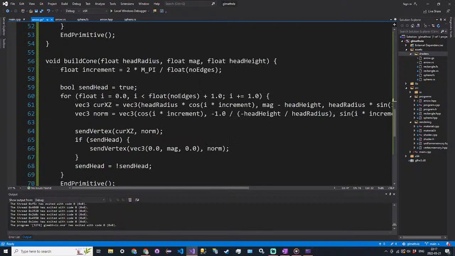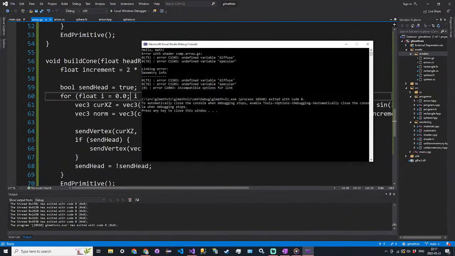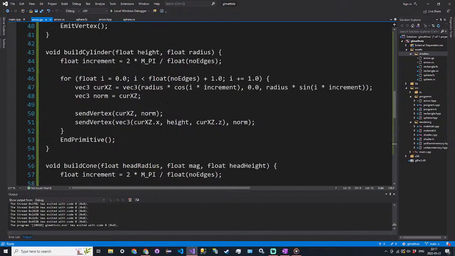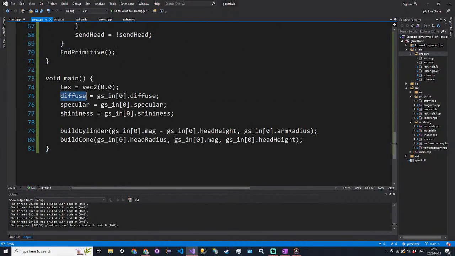Line 62, it didn't like it because I messed up some colons. Oh, more. Undefined variable diffuse and specular. What does it want? diffMap and specMap, that's why. So the output colors from the geometry shader have to be diffMap and specMap.